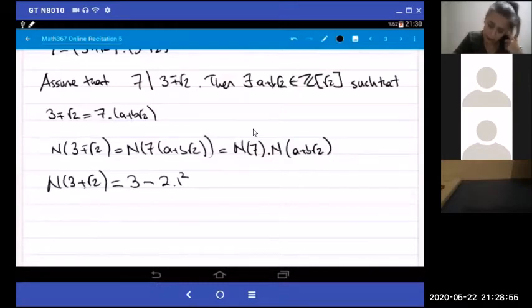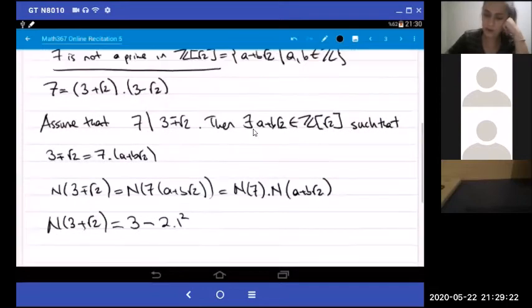Is it correct? I don't know. Is it the norm of this element?